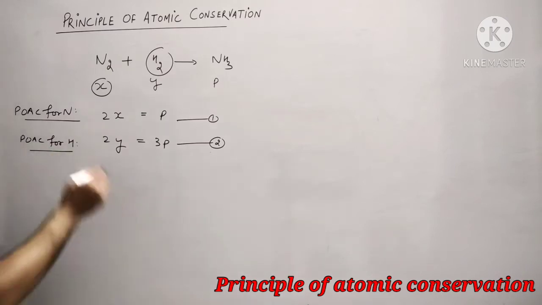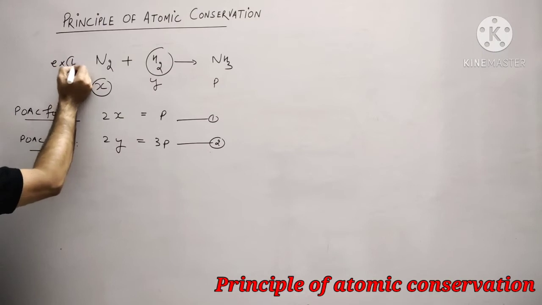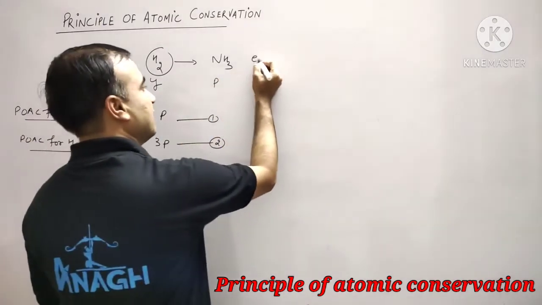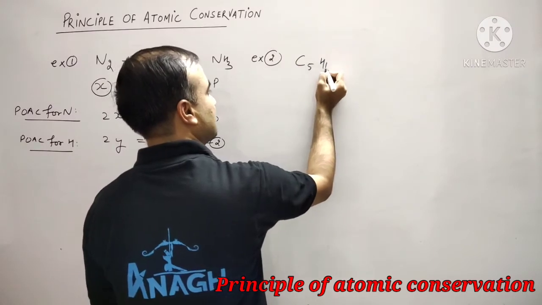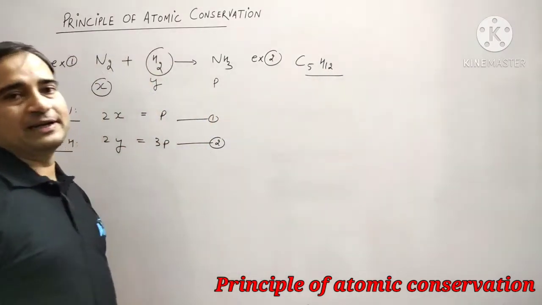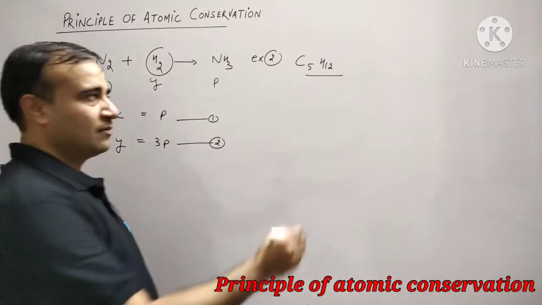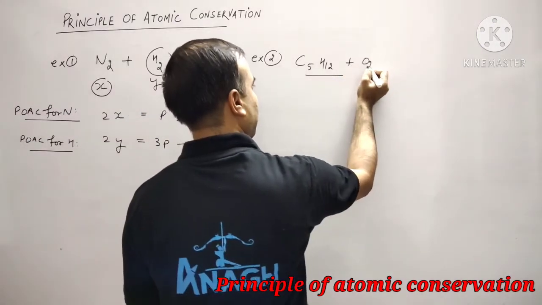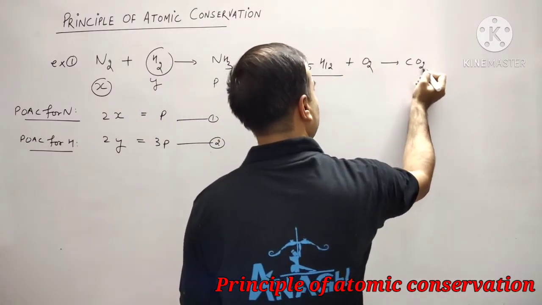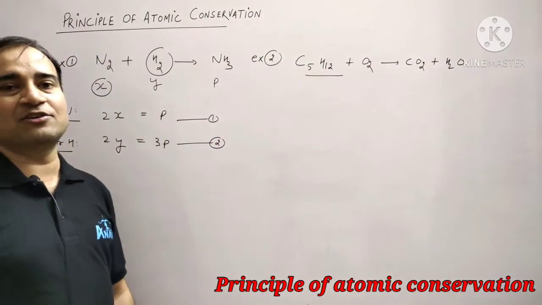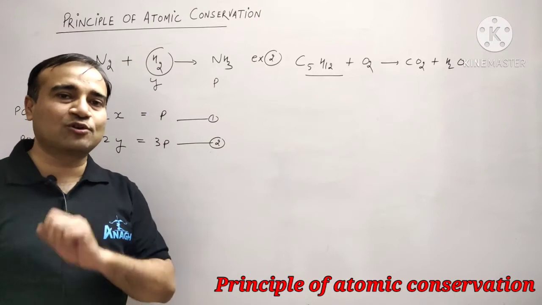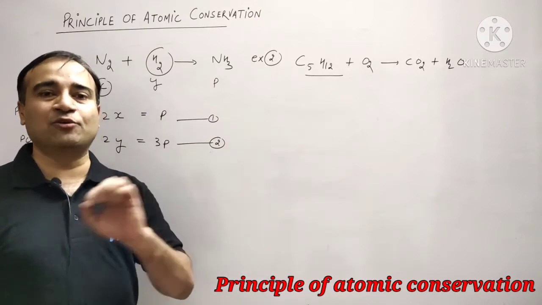Come to the next example, example number second. If it is given to us the combustion of pentane, that is C5H12 plus O2 gives CO2 and water, as you know, and I am not going to balance the equation willingly, as I want to solve this problem by using POAC.